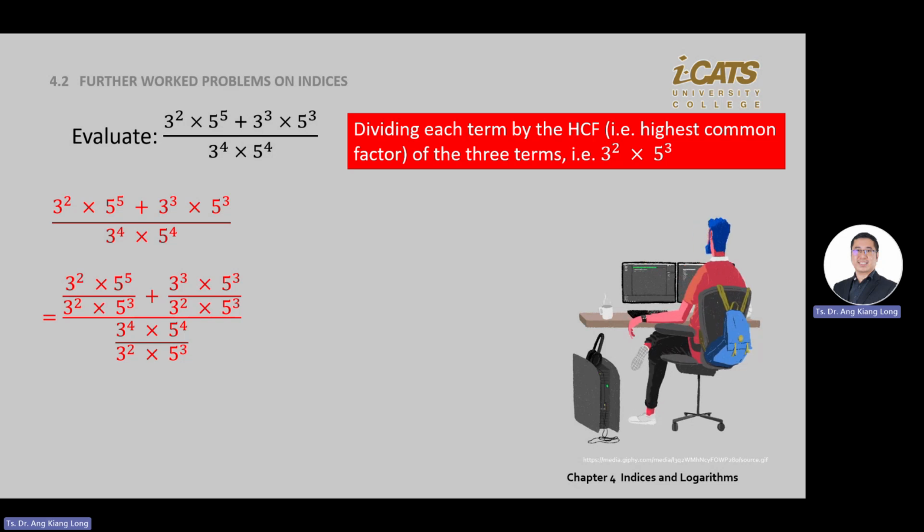So you have base 5, you have 5 power 5 and 5 power 4, you take the lowest, means 5 power 3. So 3 power 2 and 5 power 3.